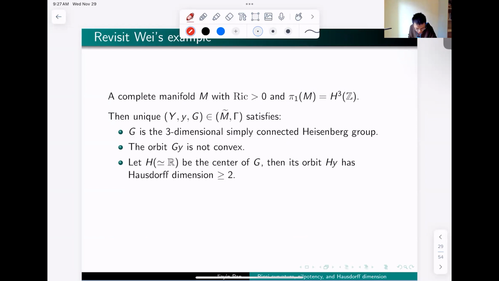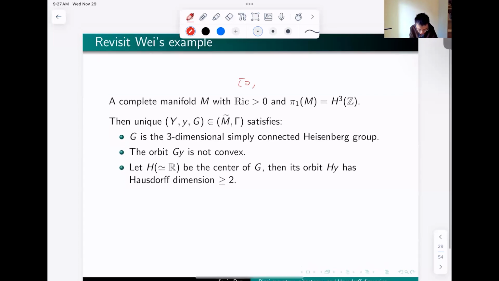Okay, so now we revisit Guofang's example and ask what the asymptotic cones of these examples look like. So we take a complete Riemannian manifold. This is Guofang's example: a complete Riemannian manifold whose fundamental group is the Heisenberg 3 group.